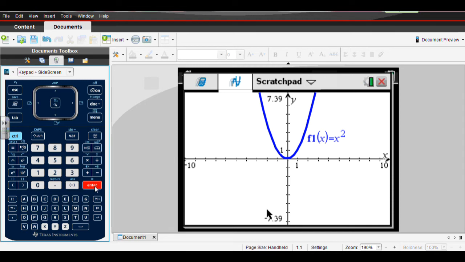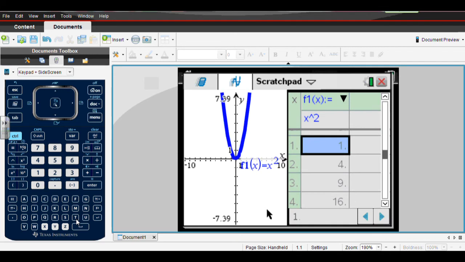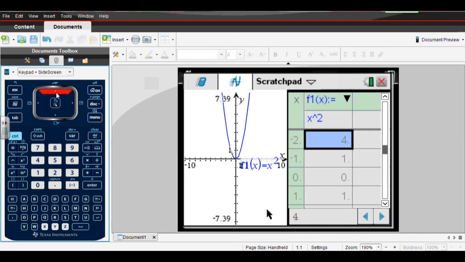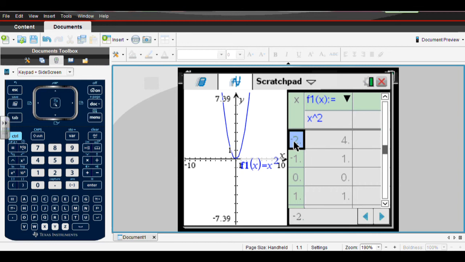So I have my parent function, and I need the points, so I'm going to go to the table, Control T, and my x starts off at -2. So at -2, my parent was at 4. At -1, it's at 1. At 0, it is at 0. At 1 it is at 1, and at 2 it is at 4.